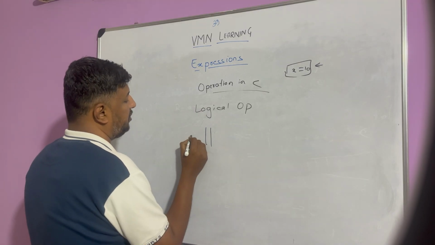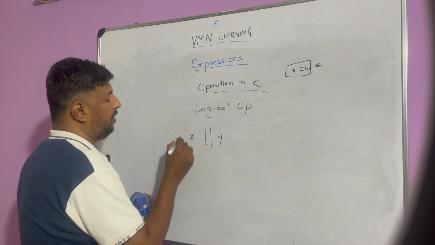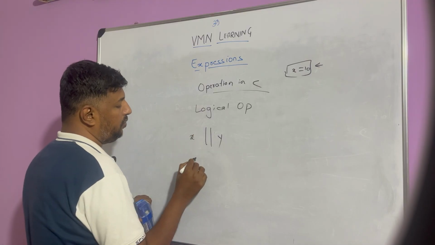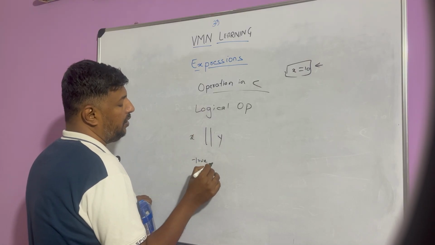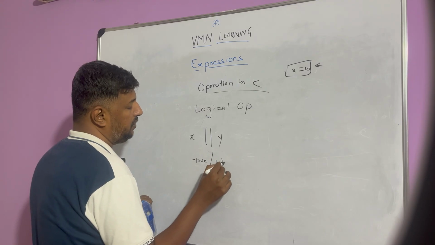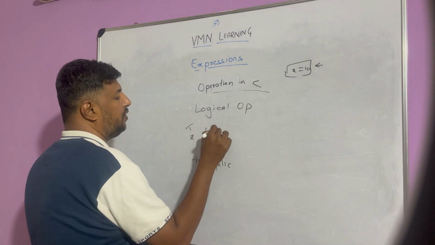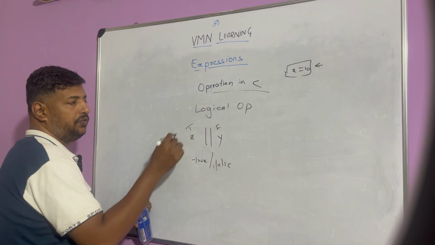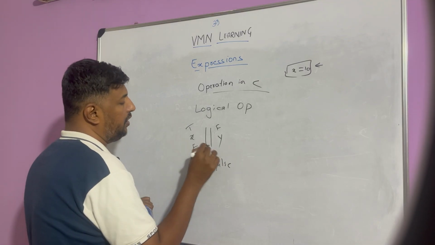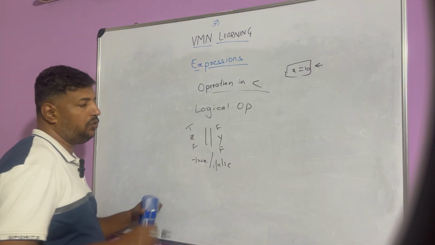It's X or Y. If any one of it is true, then it is true, else false. If both are false, then it is false. Any one should be true to be true.